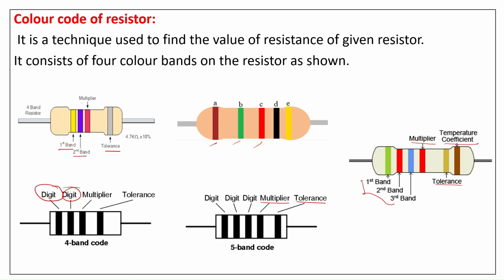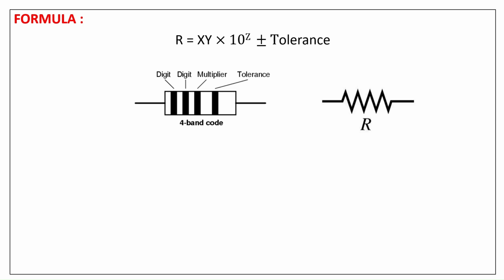Now look into the formula to find the resistance of a resistor. That is, R is equal to XY into 10 to the power Z plus or minus tolerance.